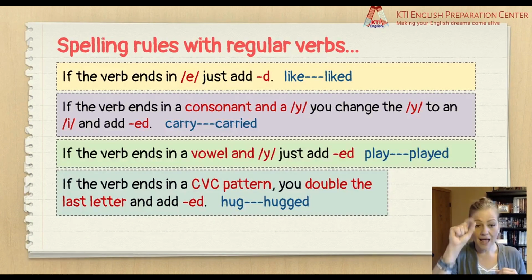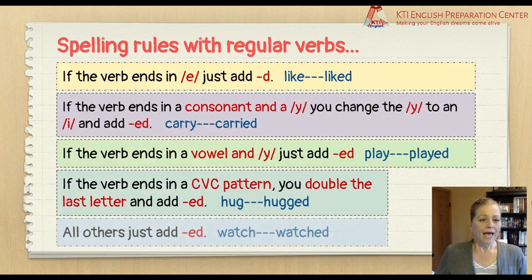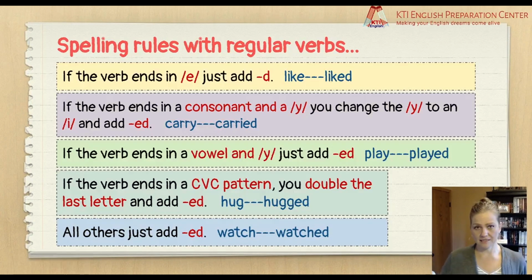You've got a consonant H, vowel U, and consonant G. If I say, I hugged my son last night, or I hugged my son when he left, you have to double that last G. All right? All others, just add ED. So watch, watched. It's always spelled ED, but it doesn't sound like an ED.